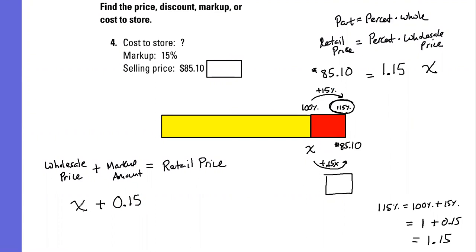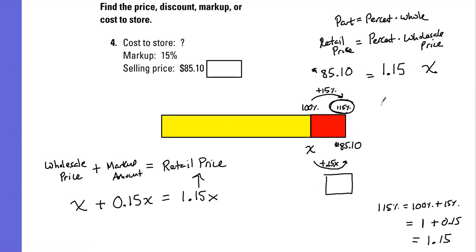You've essentially assumed that the wholesale price would be $1. You want to mark this up by 15% of the wholesale price. And notice that when I add x plus 0.15x, I get that 1.15x, which I know is my retail price. So my retail price, $85.10, is equal to that 1.15x.